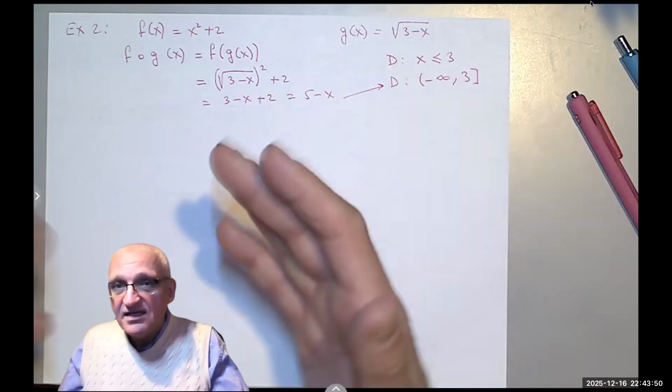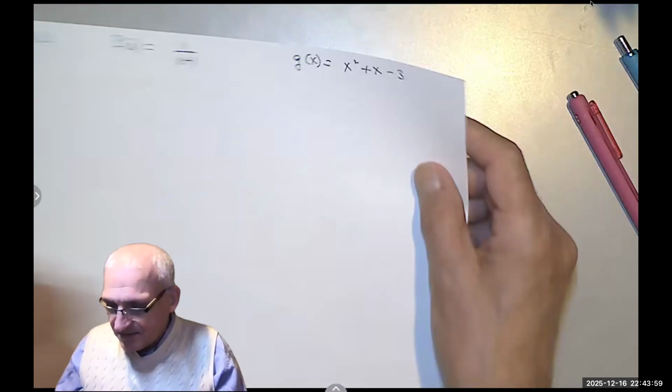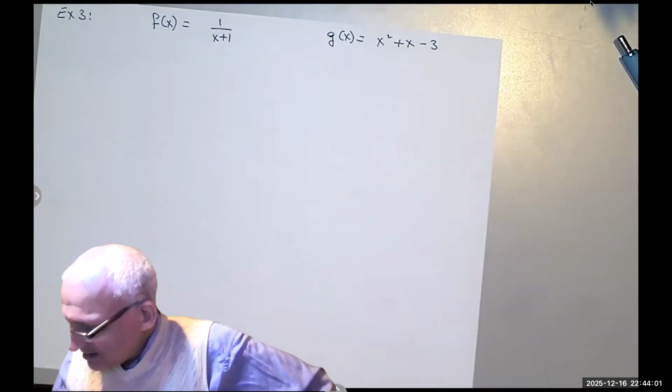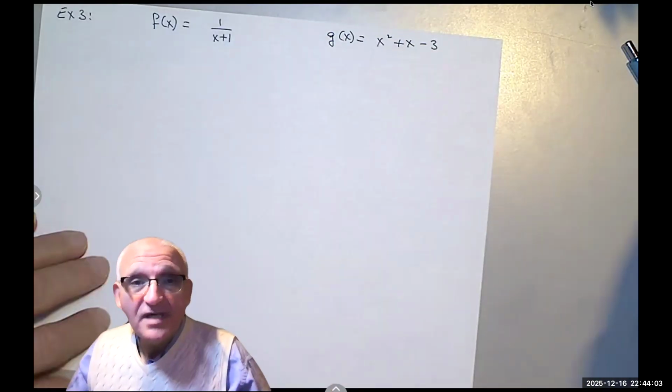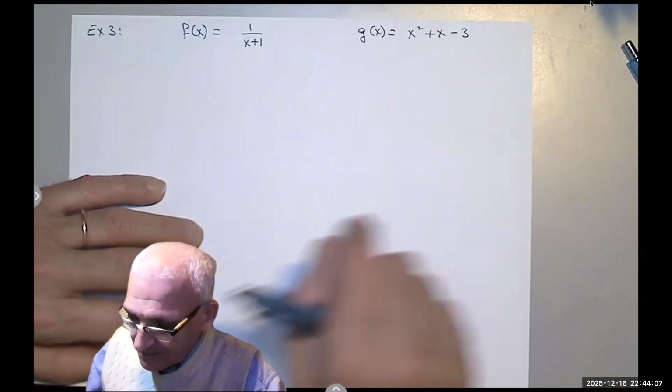So this case is different than the previous one. The previous one, we had to shrink the domain a little bit by taking another point and excluding it.